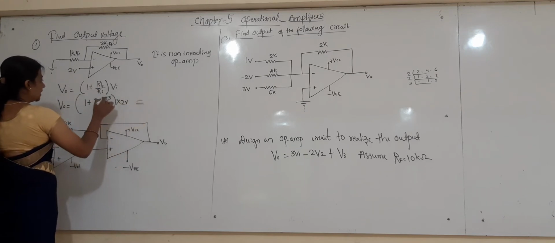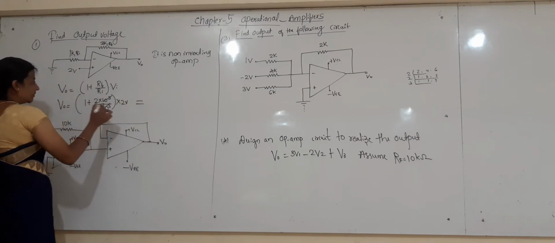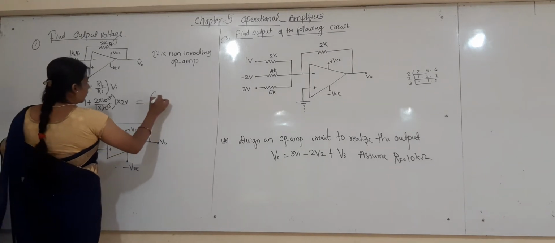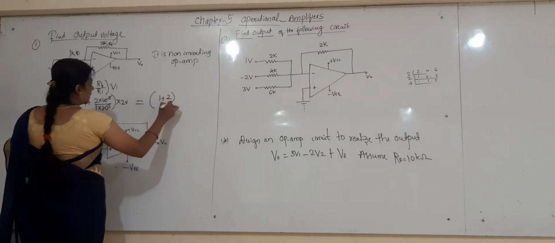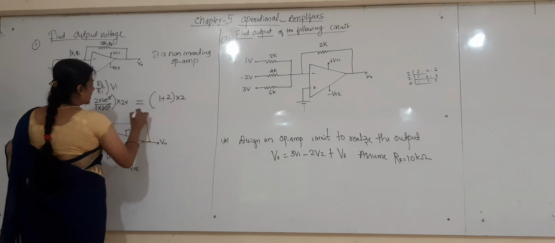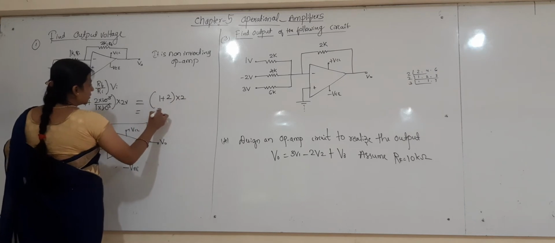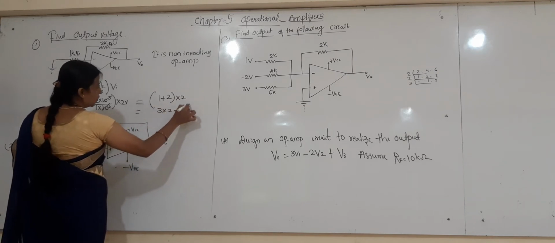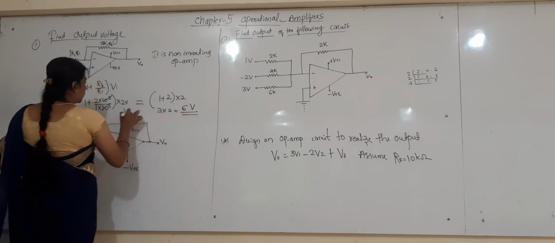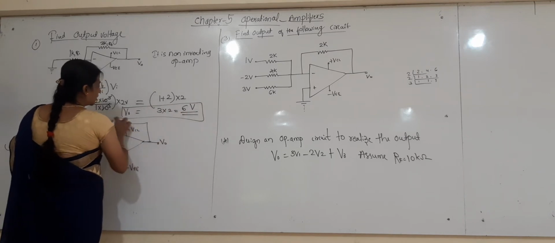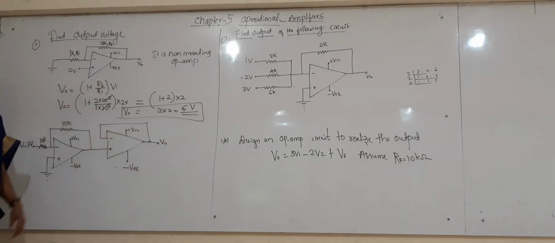The kilo cancels, so we get (1 plus 2) into 2, that is 3 into 2, which is 6 volt. Therefore, the output voltage for this non-inverting amplifier circuit is 6 volt.